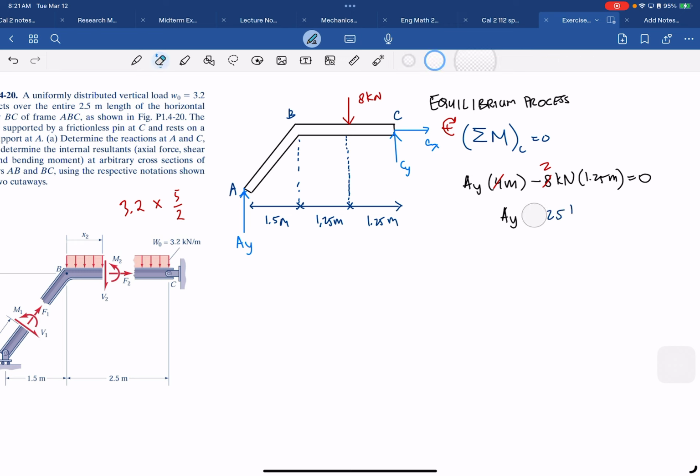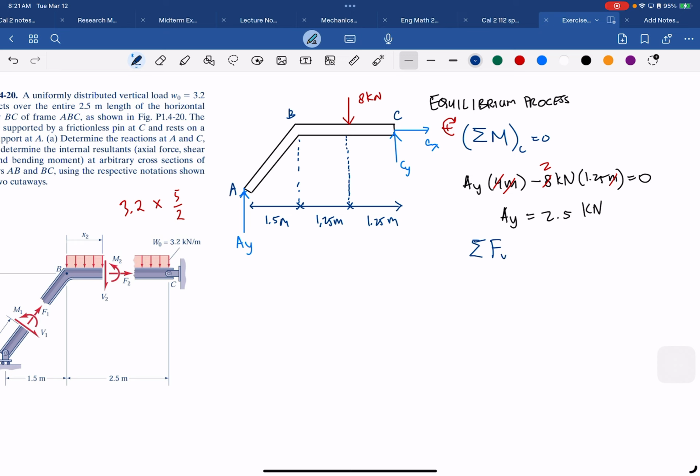So we have AY equals 2.5 kilonewton meter. Oh, sorry, the meter is cancelled, right? I forgot. Okay, so we get AY, and after we get the moment, all the rest we can expect to get from the force balance.